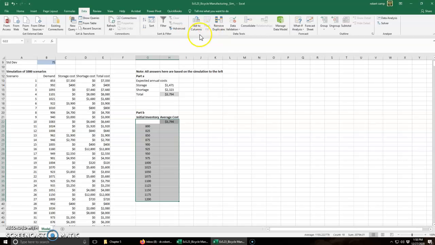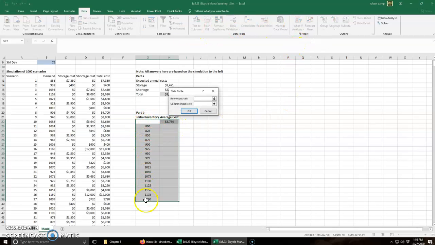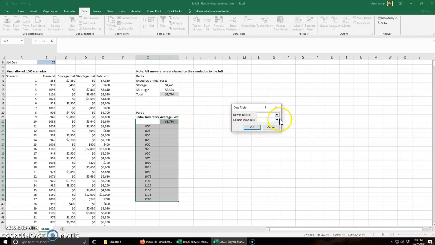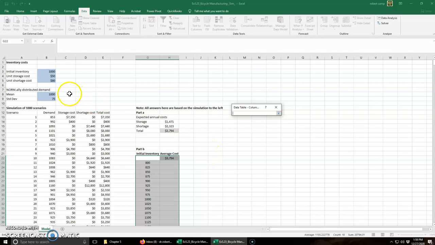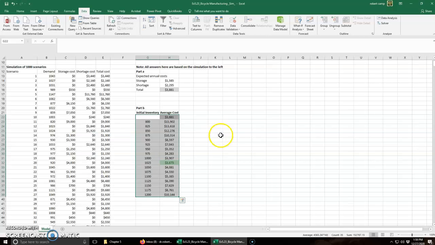So I'm going to go to Data, What If Analysis, Data Table. Remember, I'm changing things in the column, so what I want to change is my initial inventory. So I'm going to go up here to Initial Inventory. This answer, through all these equations, does tie back to initial inventory. If it doesn't, this won't work. So it's got to tie back in there. I'm going to hit OK, and it's going to fill in.